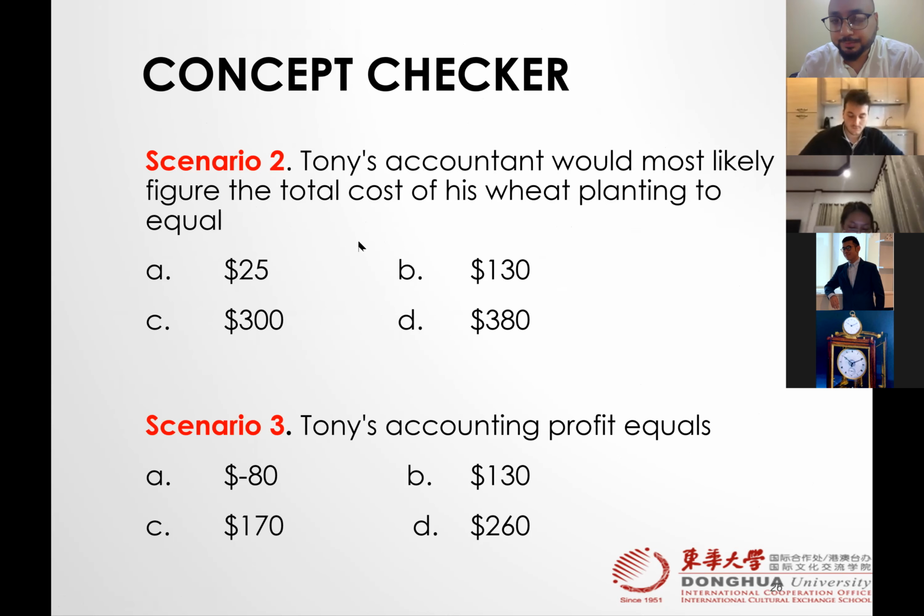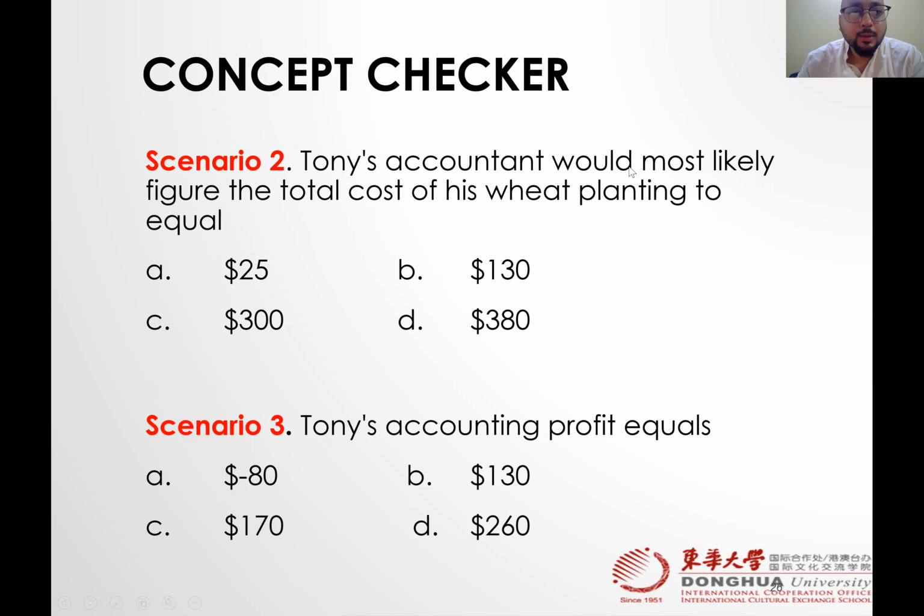Scenario 2. Tony's accountant would most likely figure the total cost of his wheat planting equals, because accountants don't consider implicit cost, just the cost of seeds. Right?